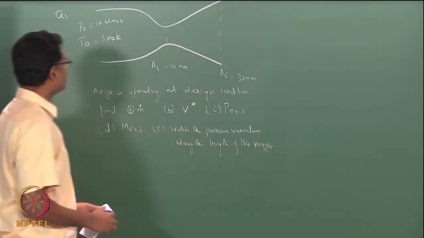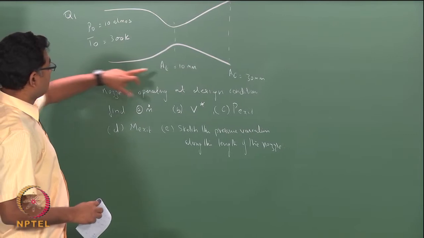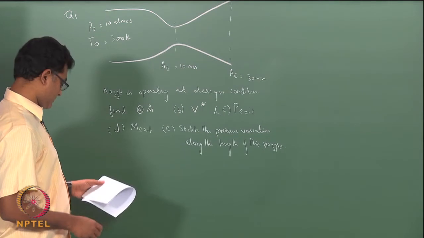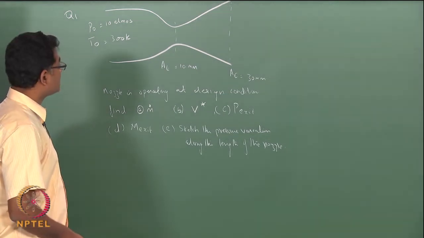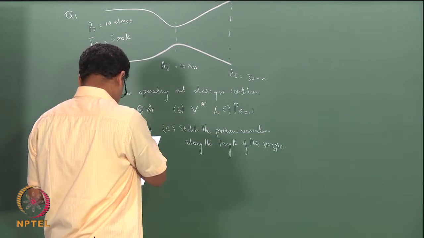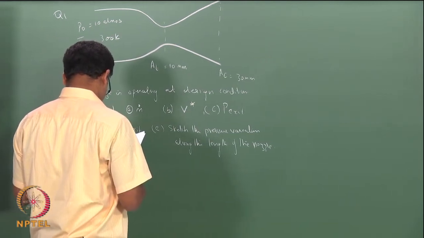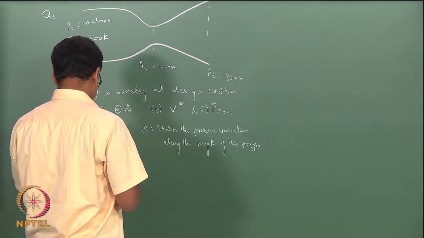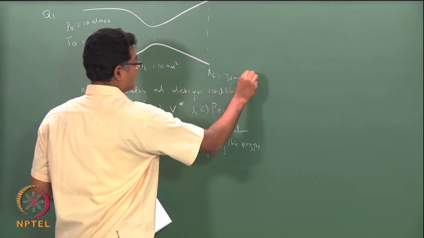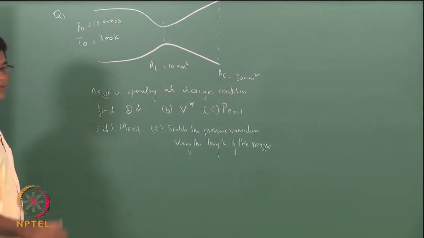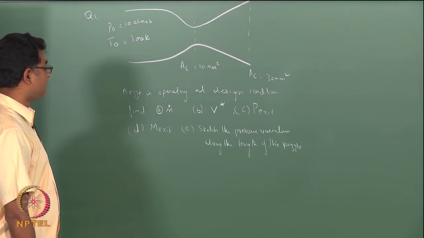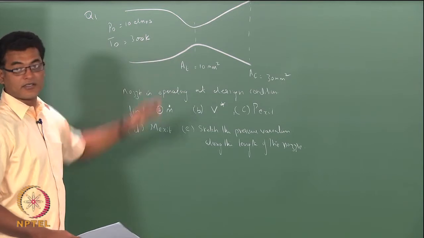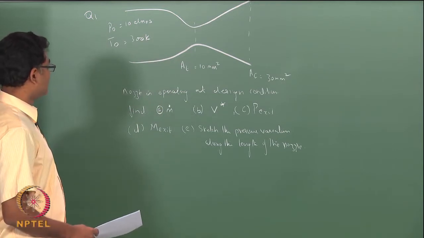So, I will read the question. I have a nozzle here whose throat area and exit area are given. Throat area is 10 millimeter square and exit area is 30 millimeter square. So, nozzle is operating at the design condition for this particular stagnation pressure and temperature.